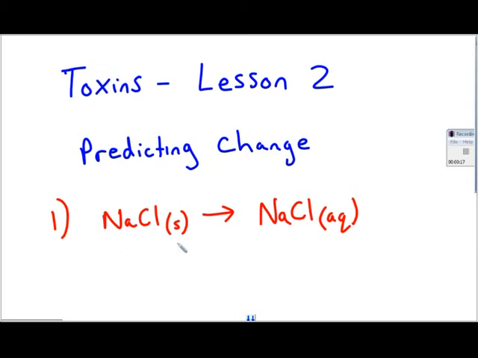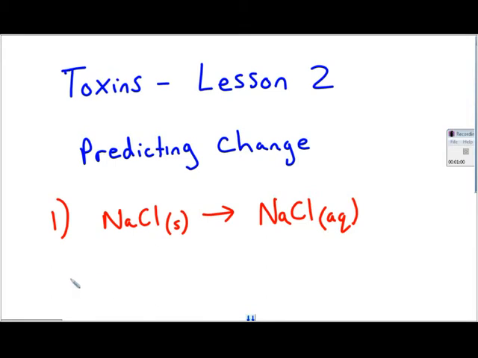So if something goes from a solid form to the aqueous form, it means that it is now dissolved in water. So we mix it with water, we stir it up. We don't have to write the water part of it. But just by putting the aq, that means dissolved in water. So we know the water's there. We know it's broken down in the tiny, tiny ions within that water. So simply sodium fluoride that has been dissolved.